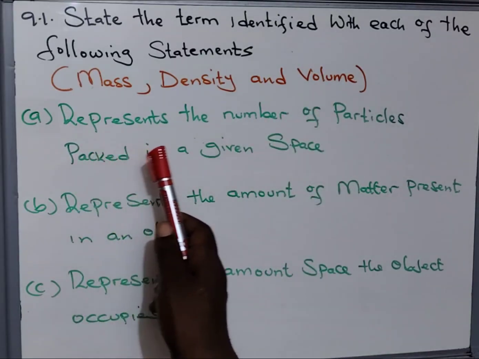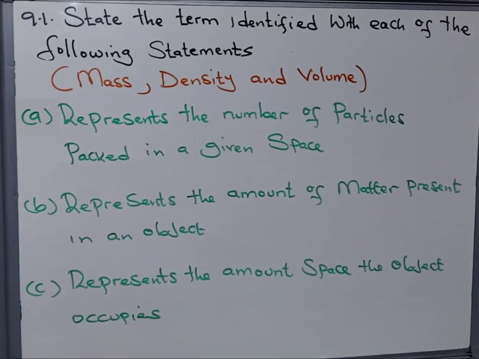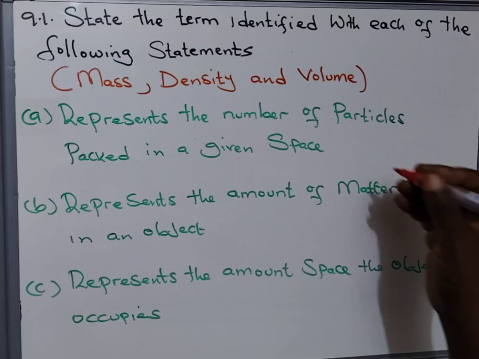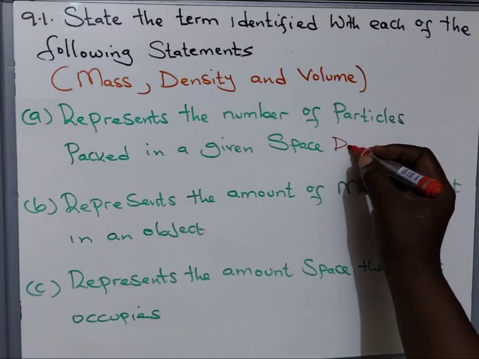The first one says, represents the number of particles packed in a given space. What is that? Particles per given space. That is density.